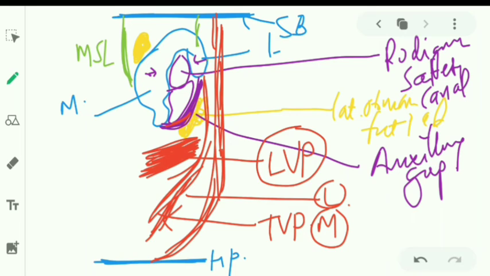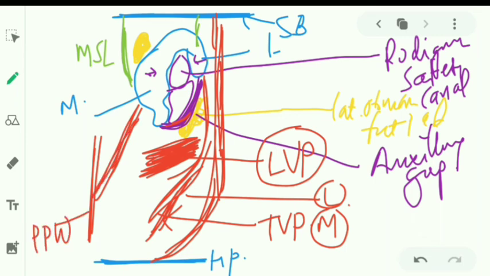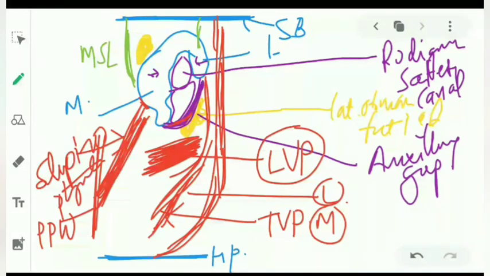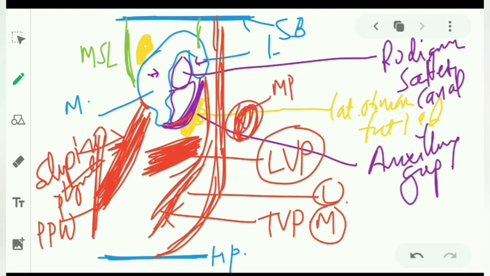Between the long medial lamina of the Eustachian tube and the posterior pharyngeal wall, there is the salpingopharyngeus muscle. Lateral to the tensor veli palatini muscle is the medial pterygoid muscle.